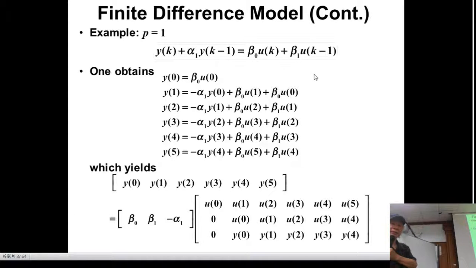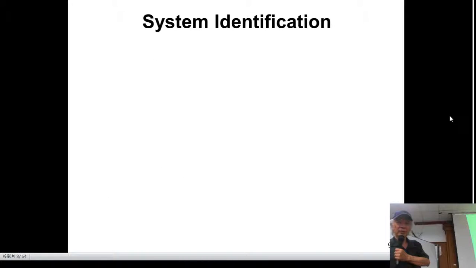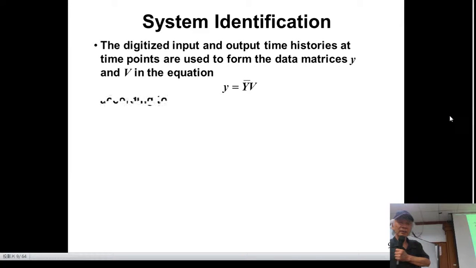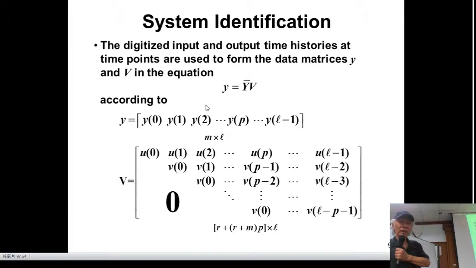Now this is p equal to 1, which is a really simple example. Now for system ID, the same thing, we will be able to find y0, y1, y2, up to yL minus 1, and we can form v, just like the last example, we have a v like there.